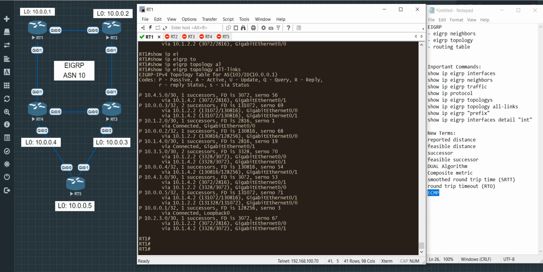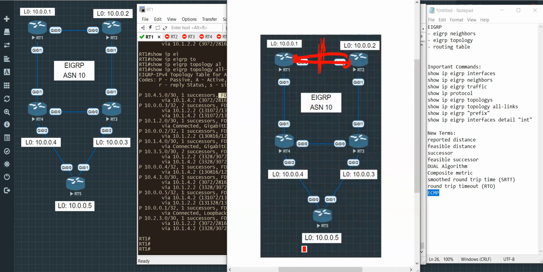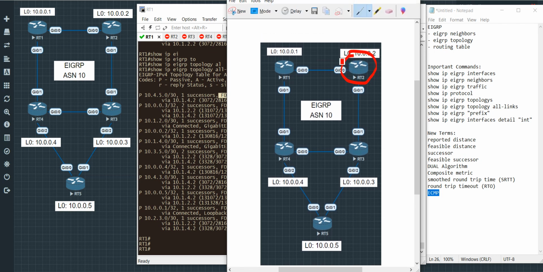So the very first value here, the feasible distance, is calculated by the router, and the reported distance is actually received from the neighbor.